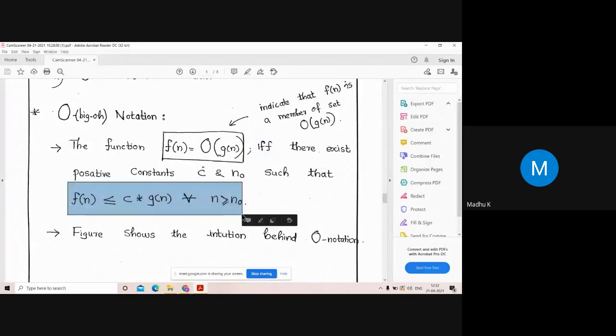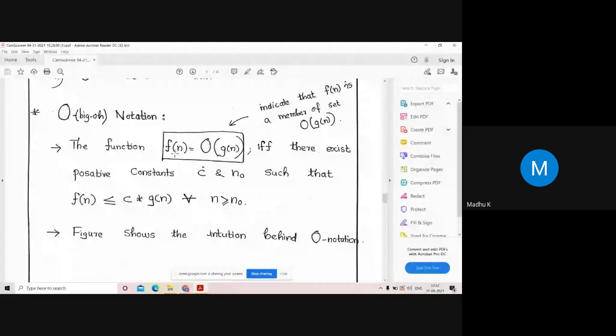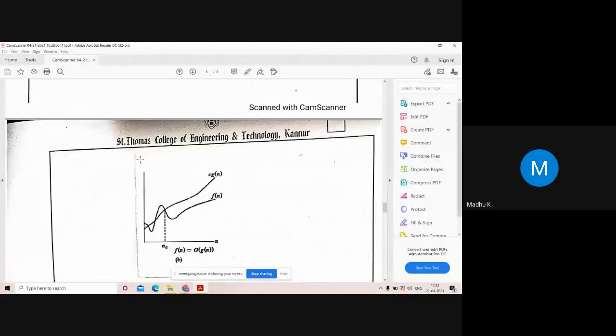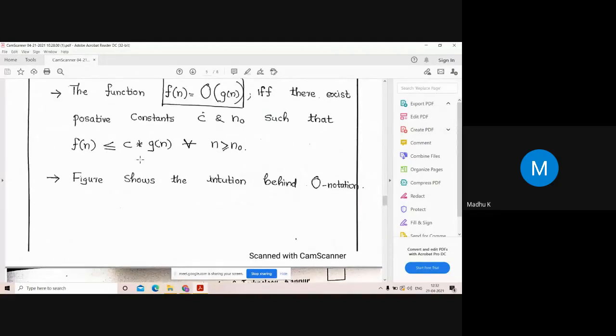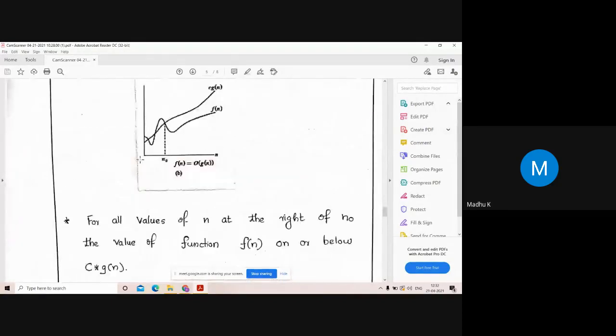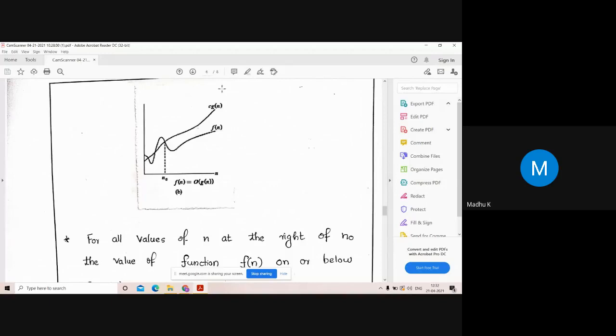Then only we will say that f of n belongs to big O of g of n. And this is the meaning of big O notation.